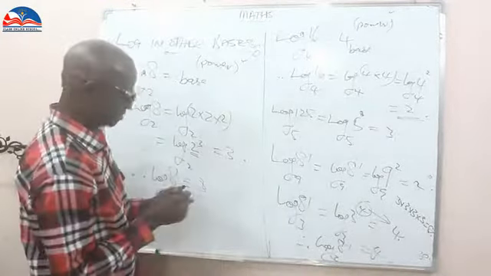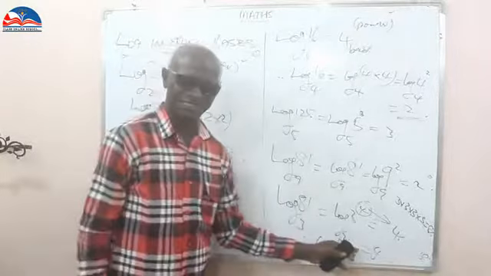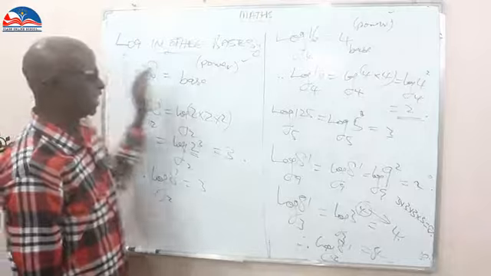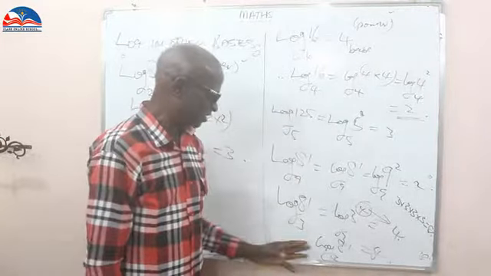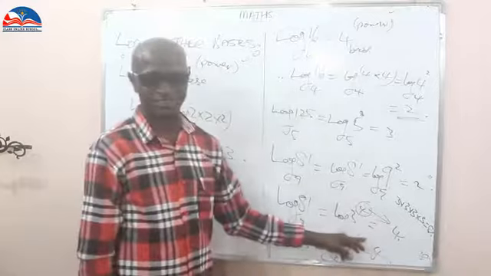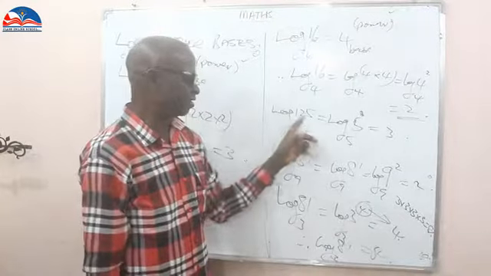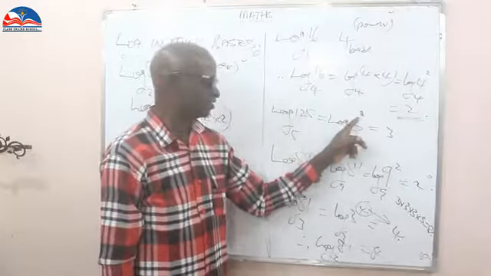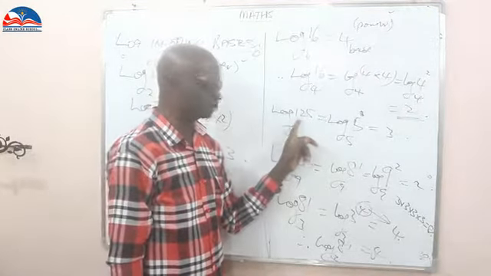Now we're going to put it that log is the power of the base. Whatever base, whether it's base 10, base 2, base 4, base 5, base 9, even base 3, log is the power you raise the base to. Here, log of 125 in base 5 is raising this 5 to the power 3 to give 125: 5 times 5 times 5 is 125.